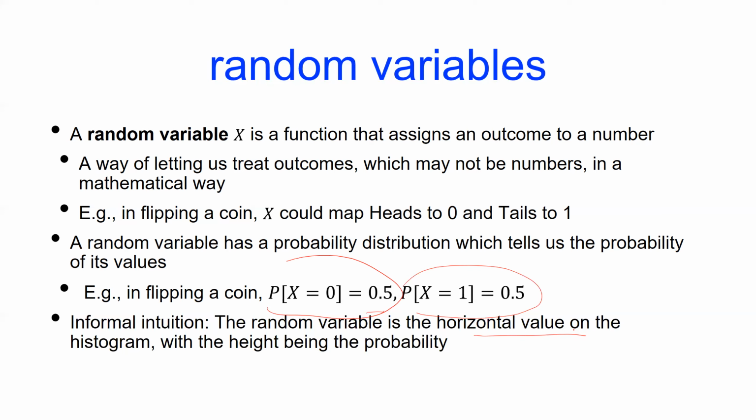You define some kind of value range, so informally we actually map all our outcomes to some value range. From that perspective, we are doing some kind of mapping here. So the random variable can be informally thought of as the horizontal x axis in our histogram.